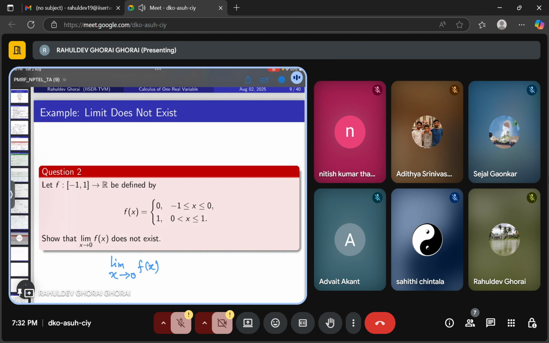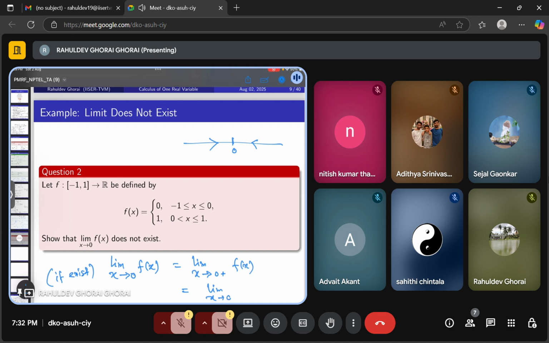So if the limit exists, it should be equal to the limit as x tends to 0 plus, and because on the real line you can also approach 0 from this side, the limit as x tends to 0 minus. Whatever side you approach from, the value should be the same. The function should converge to a unique number, then only the limit exists.